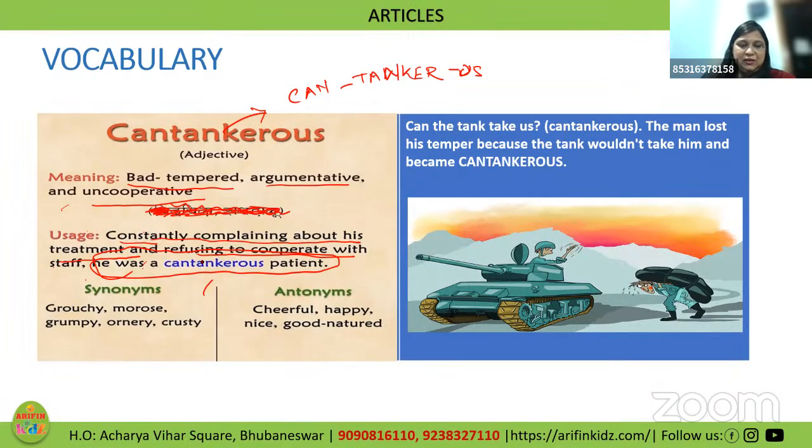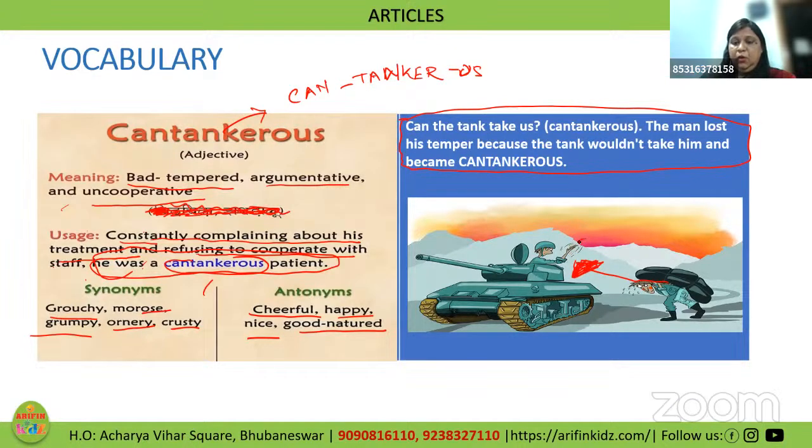So it is cantankerous. What are the synonyms? Grouchy, morose, grumpy, ordinary, trusty. And antonyms are cheerful, happy, nice, good-natured. Just to remember, I am giving you a trick. Remember this story. This person is asking this person, can this tank take us?